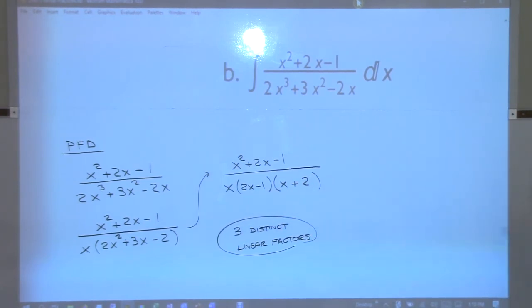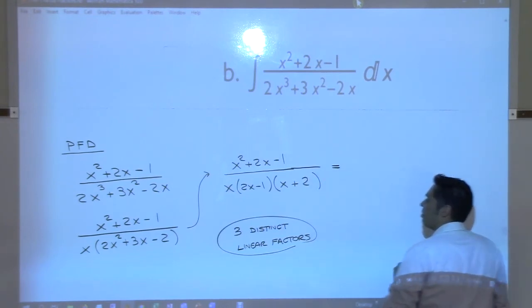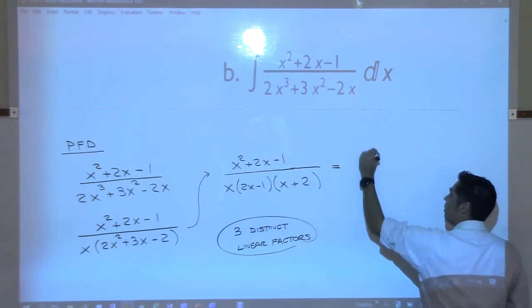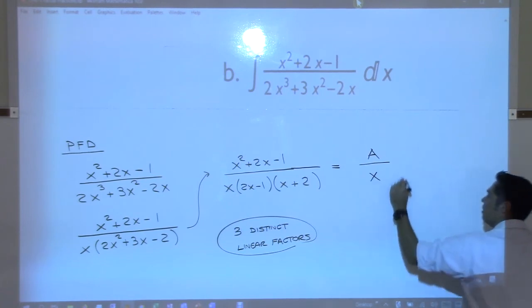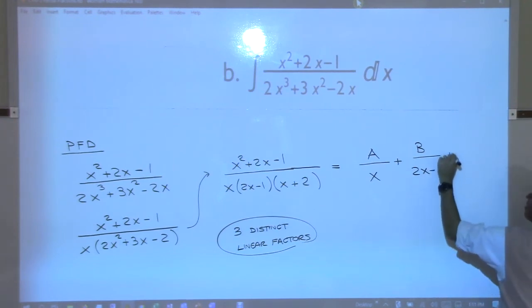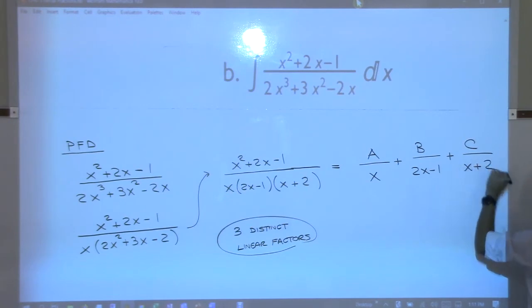So the method that we learn is that we can then rewrite that expression as some number, which I'm going to call a, over the first distinct linear factor, plus some number, b, over the second distinct linear factor, and then plus some other number, c, over our last distinct linear factor. Does that look familiar?